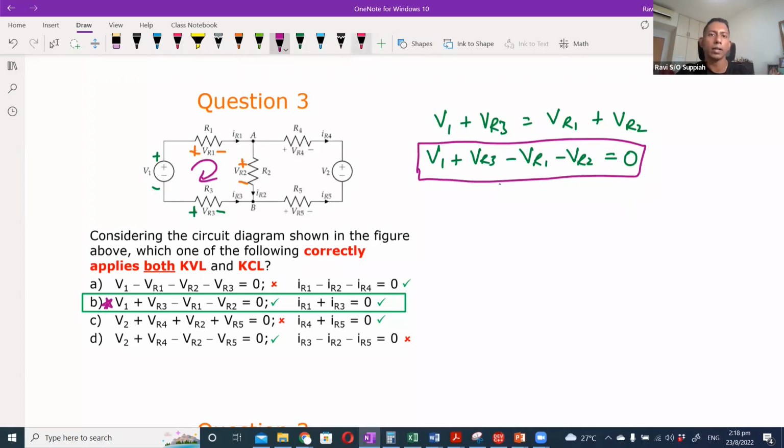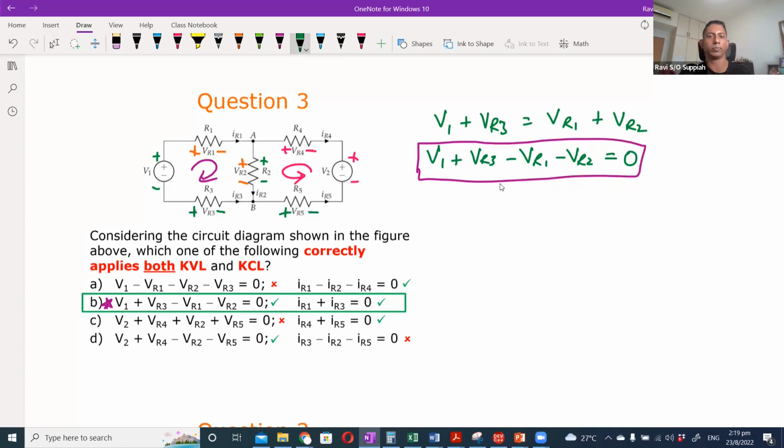Similarly, I can do the same thing on the right hand side. I can draw another loop. It doesn't matter which way you draw, clockwise or anti-clockwise, it follows the same concept. If I draw anti-clockwise here, V2 and VR4 are in the same direction as my loop, whereas VR2 and VR5 are in the opposite direction.